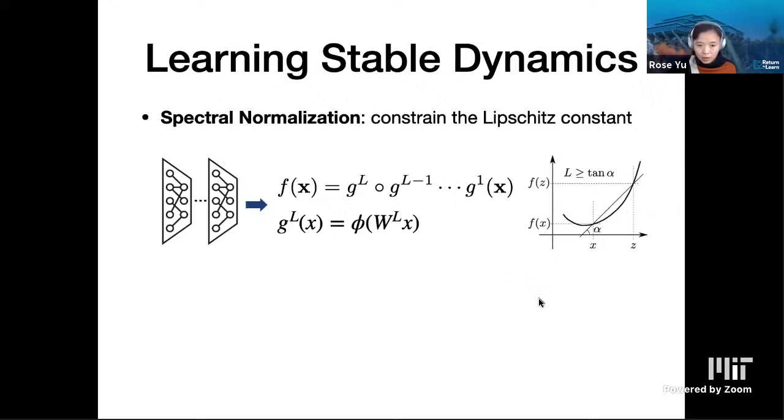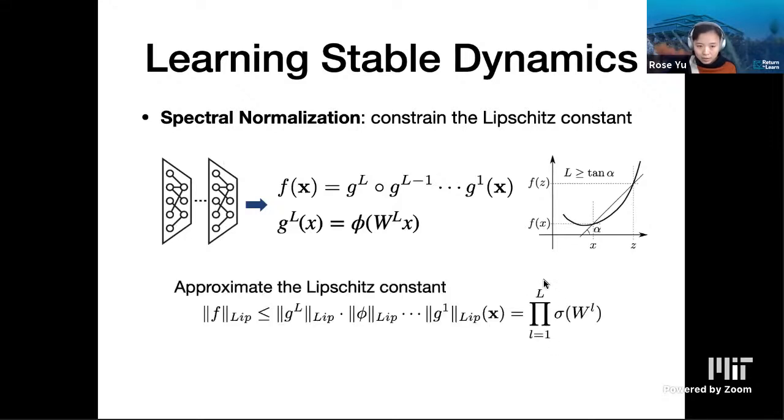We cannot calculate the Lipschitz constant of a function exactly, but we can calculate it approximately. It turns out that this Lipschitz constant of a function can be approximated as a product of the largest singular value of all the weight matrices. So we can compute the largest singular value of every layer, W_L, and then multiply them together, which gives us a rough upper bound of the Lipschitz constant for this function.